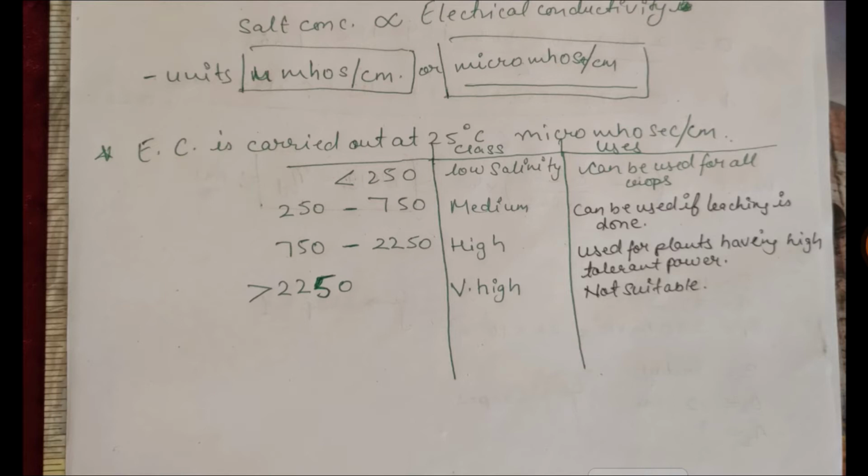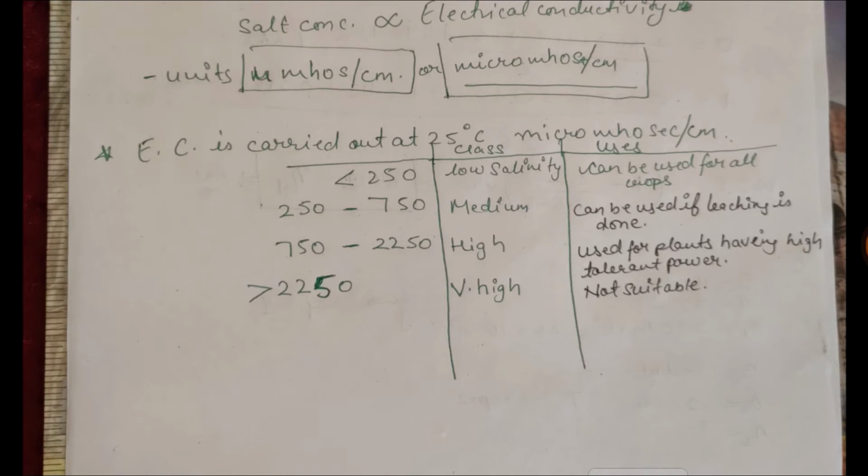For medium salinity water, we have to perform leaching, a process which I told you about, in which we add water to the salts, the salts get dissolved in the water, and then we pump the water out. First we waterlog, then we pump out the waterlogged water when the salt has dissolved in it.